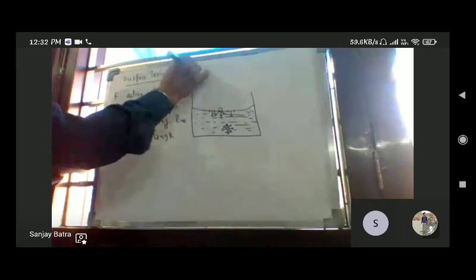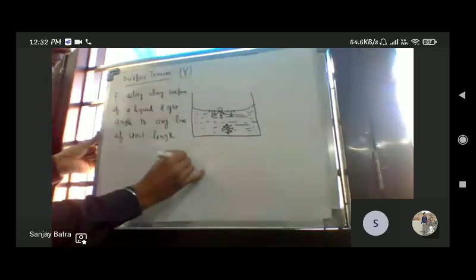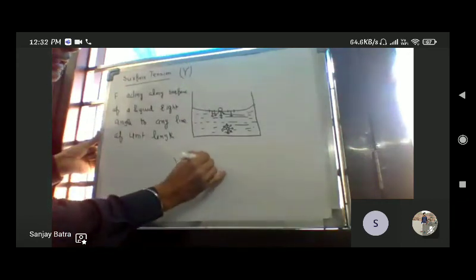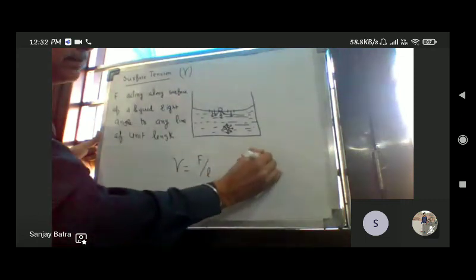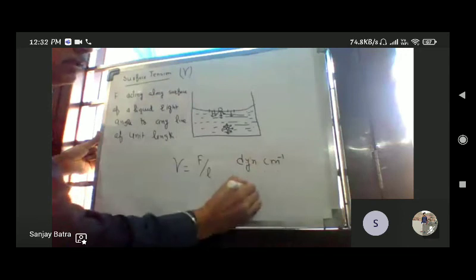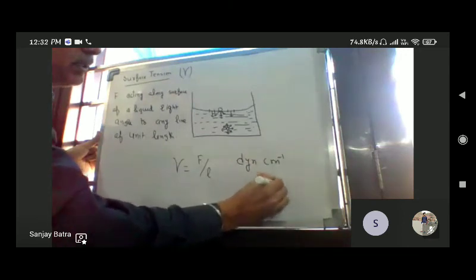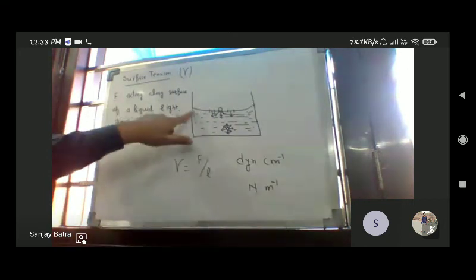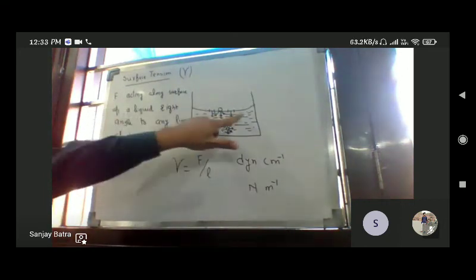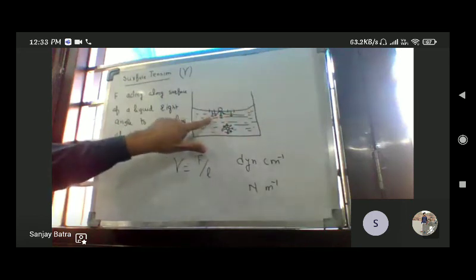Its symbol is gamma. Gamma is force acting per unit length. Its units may be dynes per centimeter or Newton per meter. It is force acting along the surface of a liquid, right angle to or perpendicular to any line of unit length.